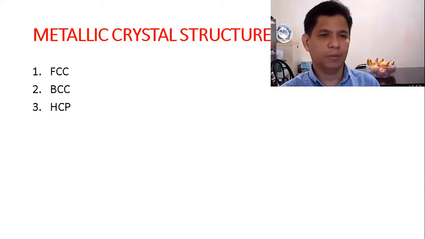So first, we're going to discuss the metallic crystal structures. I've mentioned this in the introduction, ano? The FCC, the face-centered cubic, the BCC, the body-centered cubic. Pag sinabing face-centered cubic, nasa unahan yung center atom. Pag naman body-centered cubic, if we're going to imagine a cube, nasa center siya ng cube, yung center atom, ano?